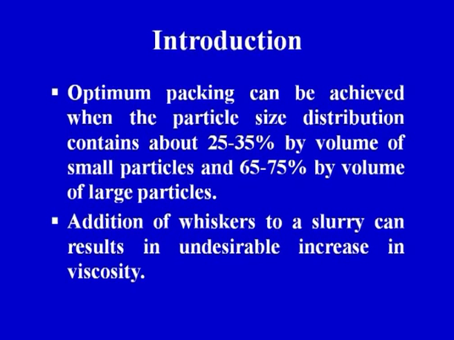Moving forward from the last point, on your screen you can see optimum packing can be achieved. We want an optimum packing, we want a dense product. So, optimum packing can be achieved when the particle size distribution contains 25 to 35% by volume of small particles and 65 to 75% by volume of large particles.